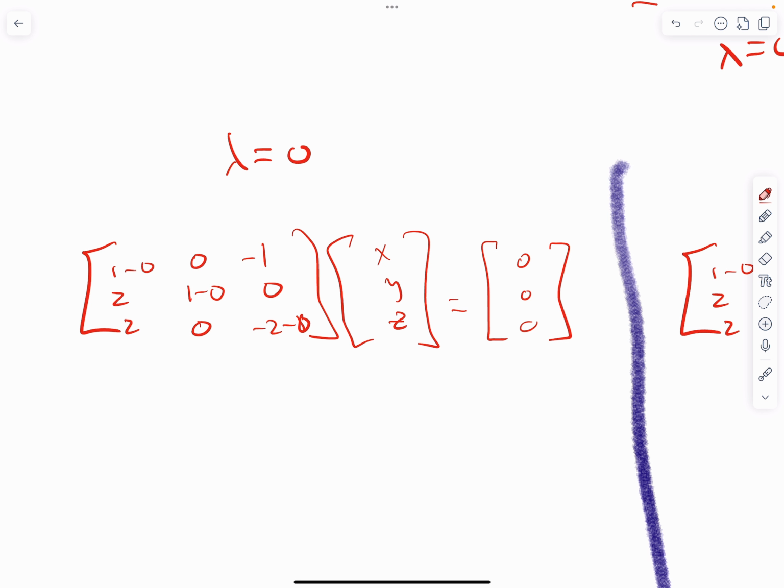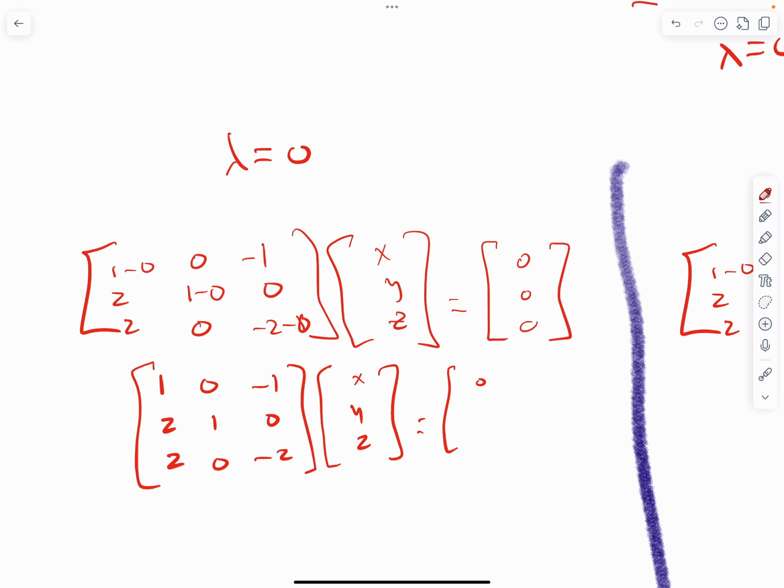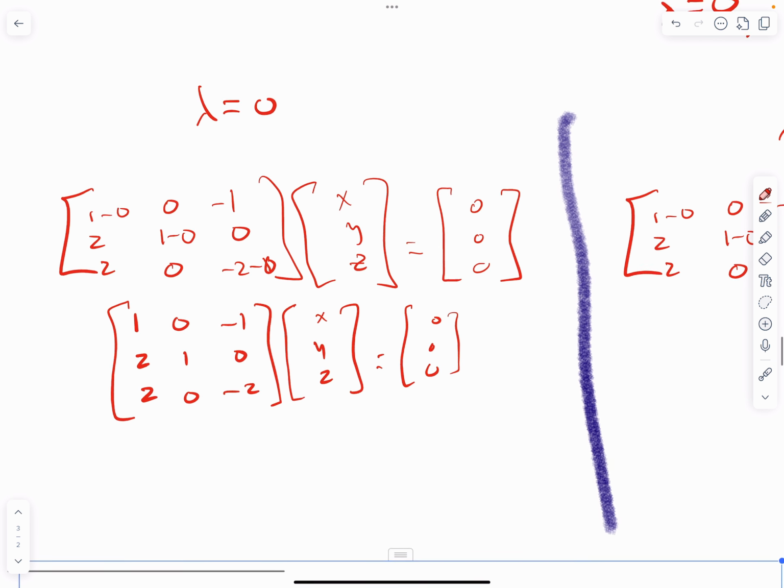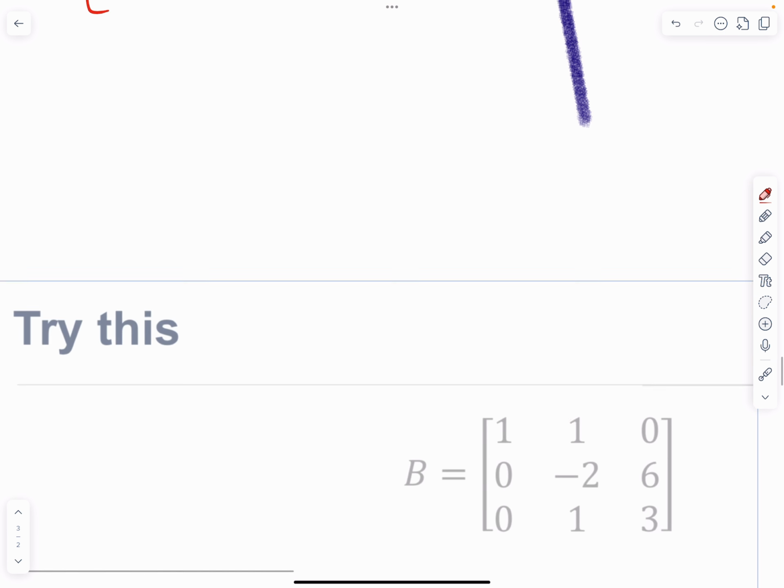So this one becomes 1, 0, negative 1, 2, 1, 0, 2, 0, negative 2. So z, there must be a free variable here. So that's the whole point. Let's just get rid of this because we're not going to do this one.